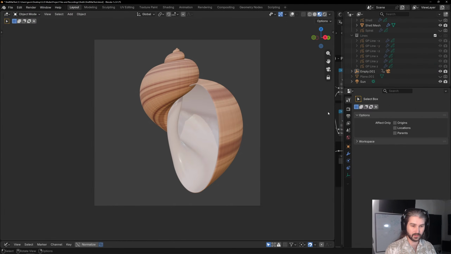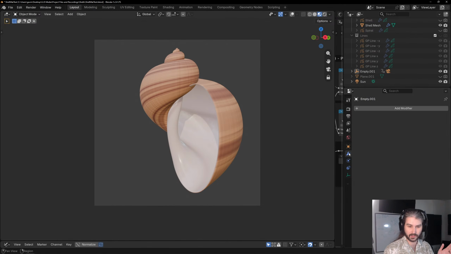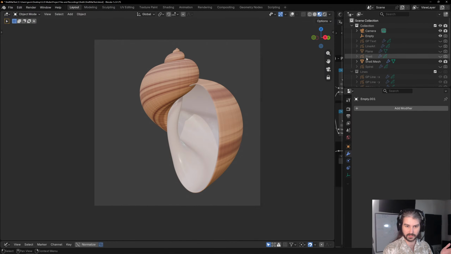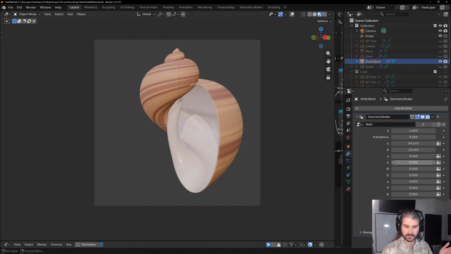So we have this shell here. I'm hoping that we've got it in Eevee. It should be fast to render, so if I play with the parameters, it shouldn't be a big deal. Let's select this shell, and these are all of the parameters we're going to need. Not necessarily all of them, depends on how far we get into it today.